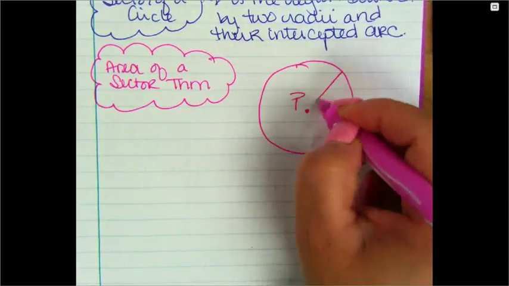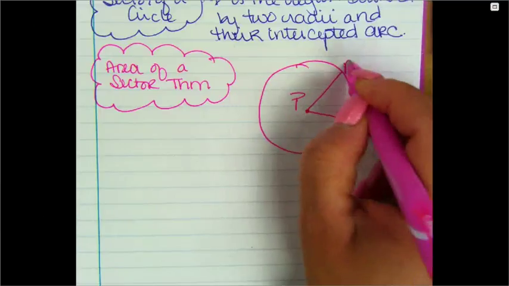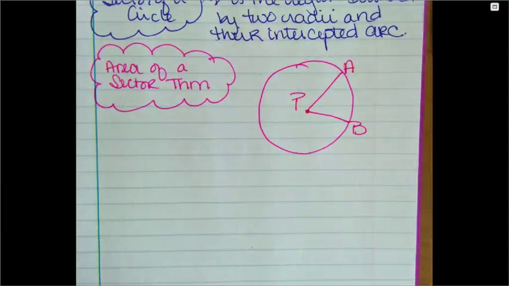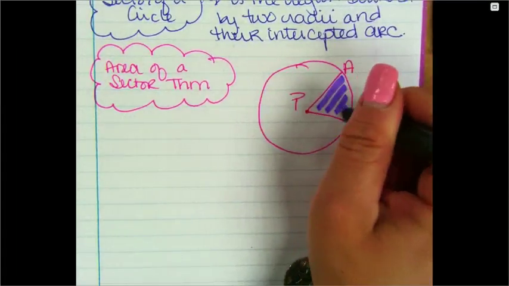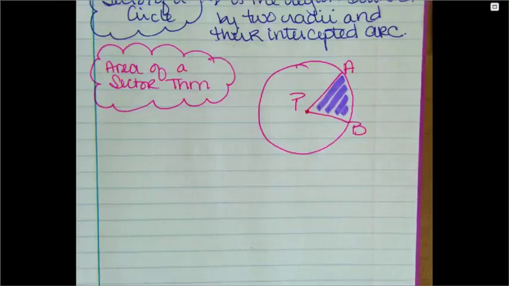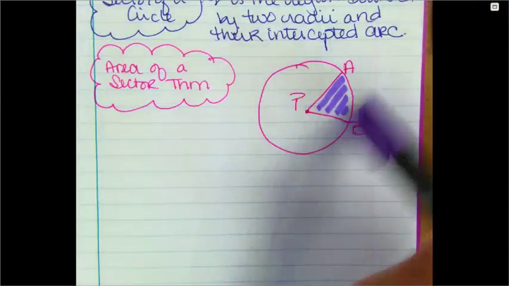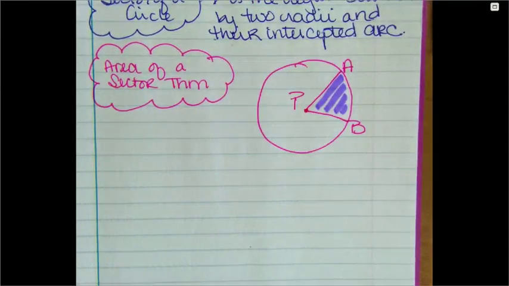So here's your circle P. Here's arc AB. And we're talking about the piece of the circle. Could I be talking about the big piece? I can. I don't have to talk about the small piece. I only draw the small piece just so you understand what I'm talking about, okay? I could be talking about the big piece of the circle.